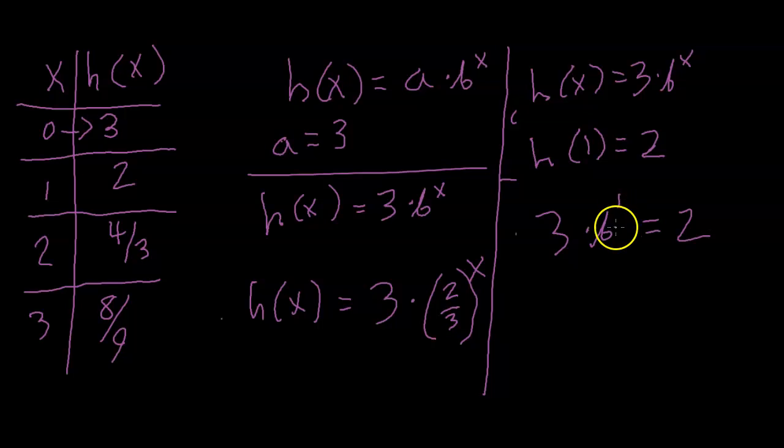And b to the first power is just b. So 3 times b equals 2. And what can we do? We can divide by 3 on both sides, cancels out there, and we're just going to get b equals 2 divided by 3, or 2 over 3, which we know in fact to be the common ratio.